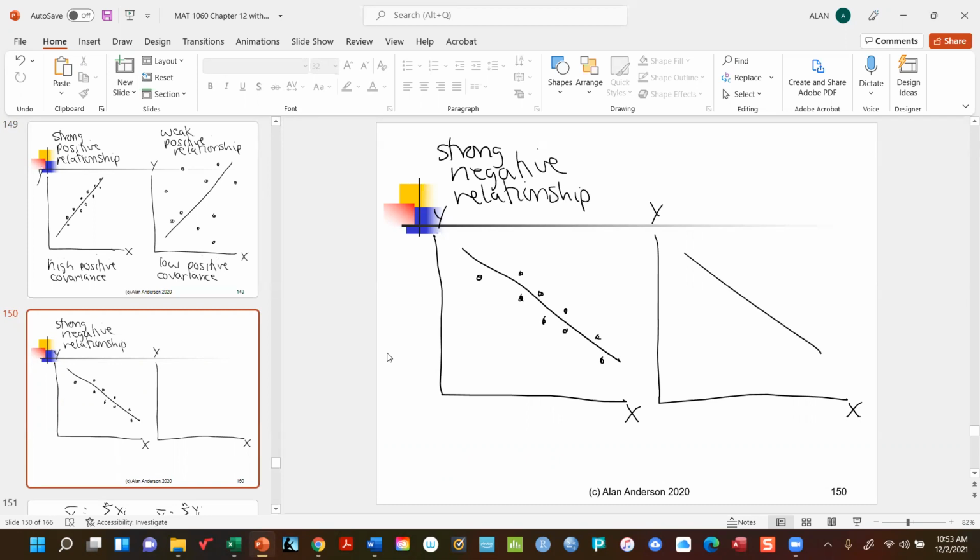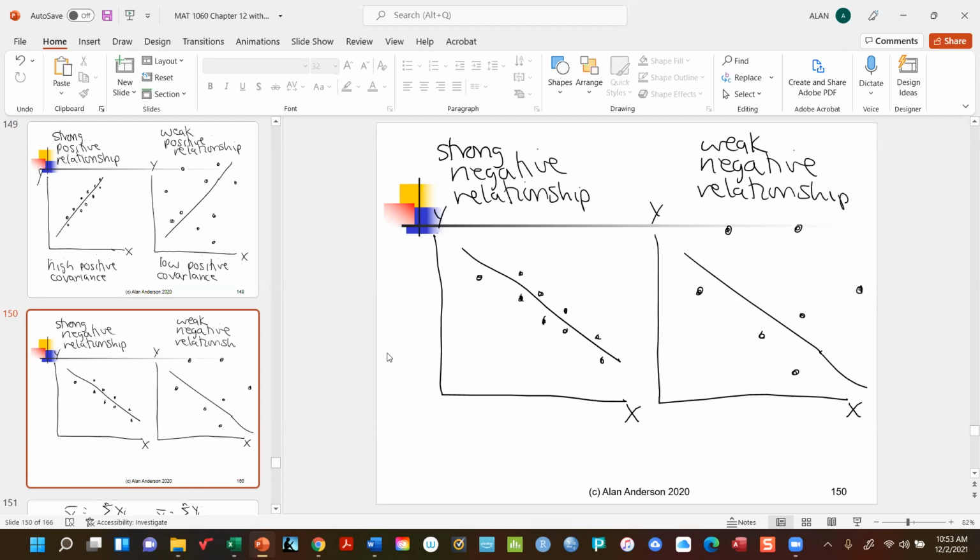And then here's one. It's not very strong, is it? It is negative, but it's a weak negative relationship. All right, so here you would have a high negative covariance. And here you'd have a very low negative covariance.